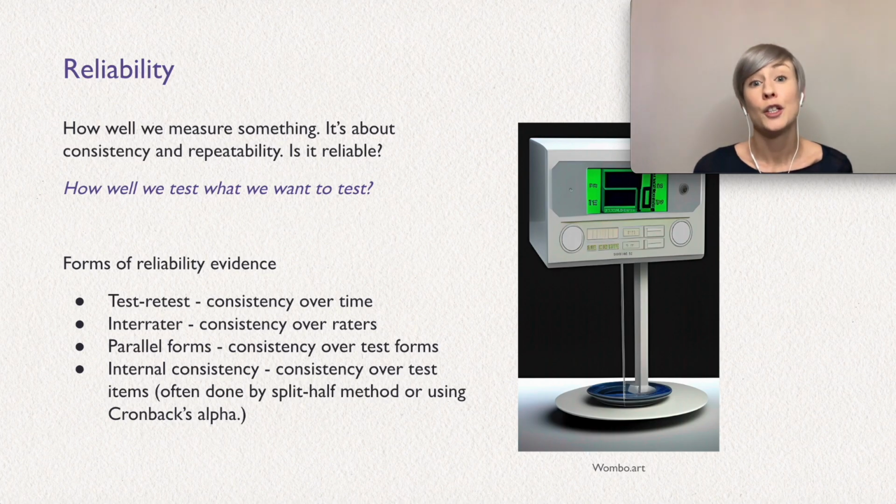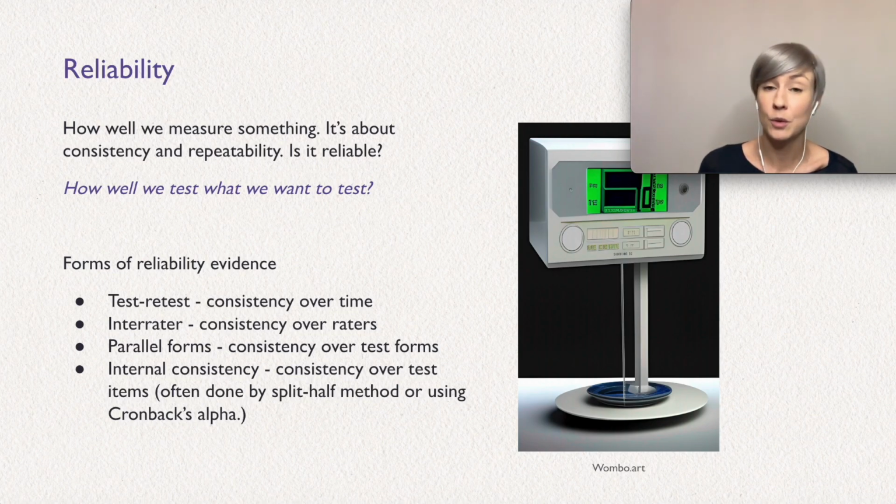So for example, you compare the results on half of the test questions with the other half. If a student got really good answers on all the odd number questions, but not on the even ones, then it seems like the questions might not be very consistent.